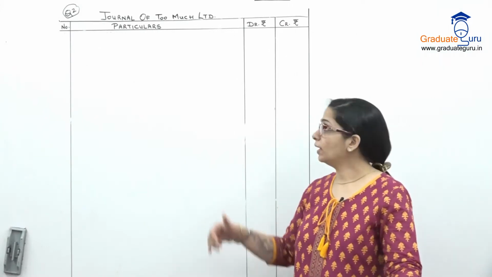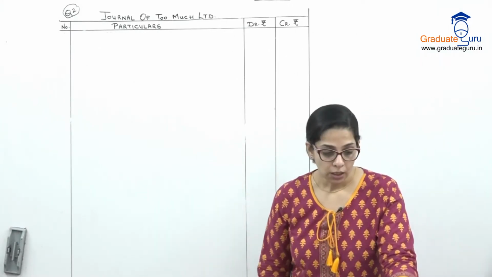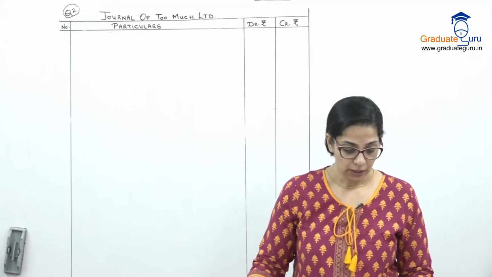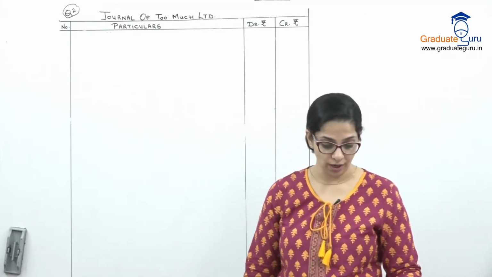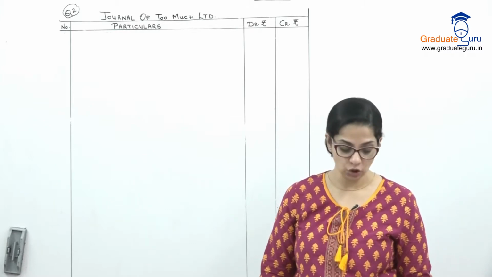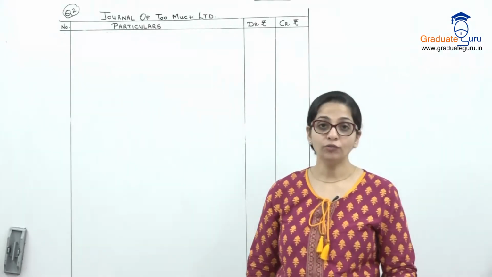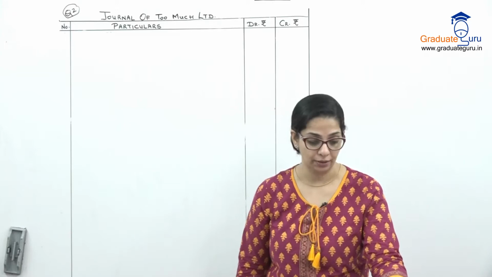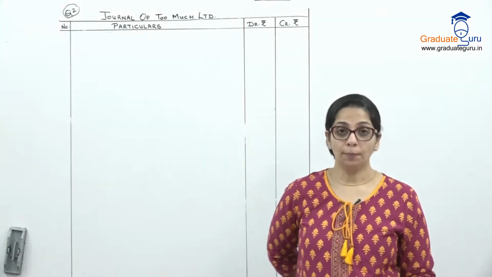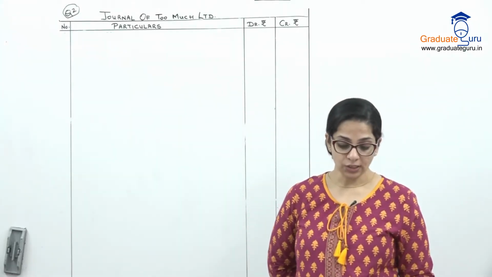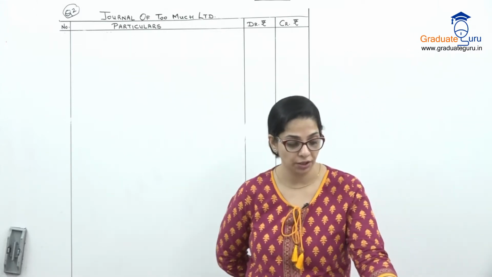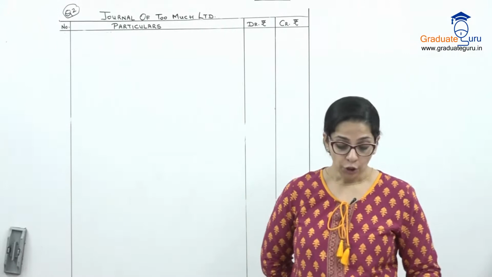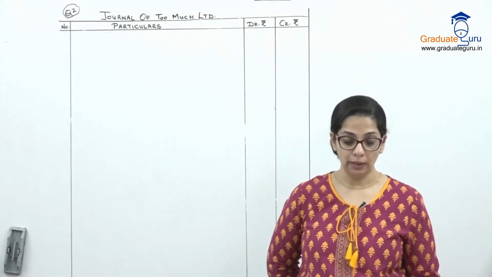Okay, now going to the second sum. Too Much Limited desires to buy back 20,000 equity shares of rupees 20 each at a premium of 12.5%. For the purpose, it decides to utilize the available free reserves and securities premium account to the extent possible.